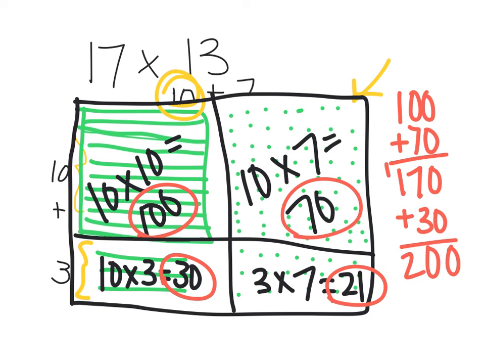Regroup. 200 plus 21. 221. Good. So that's the connection between box method and a picture. Okay? You could fill it up with blocks. Do you see that connection?